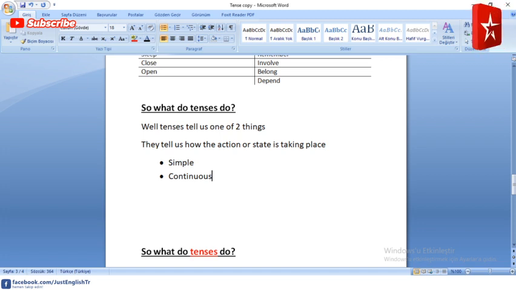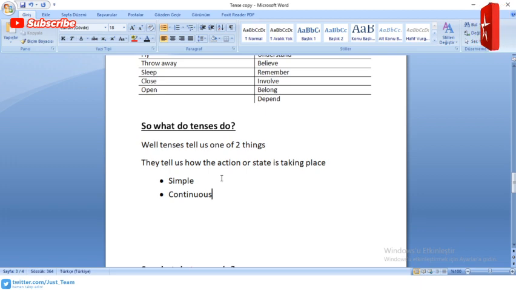They're the only two actions that we have. Of course, every other tense at the top is made from these two basic actions. This is where we need to begin. Before we decide if we need past simple, past continuous, past perfect continuous, any of that, we need to think about the action that we are explaining and how that action happens in time. Is that action a simple action or is it a continuous action?